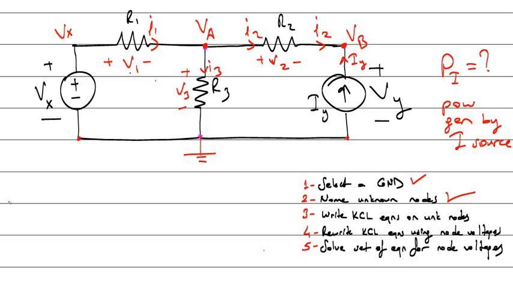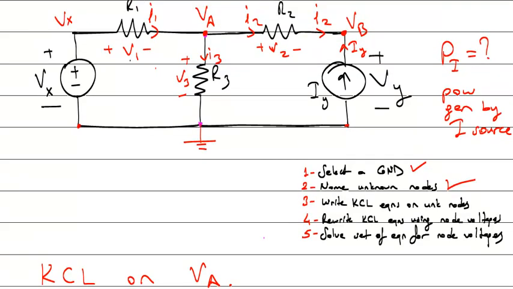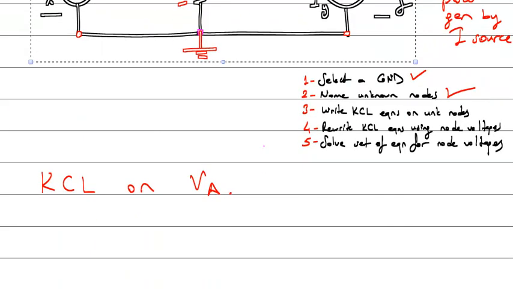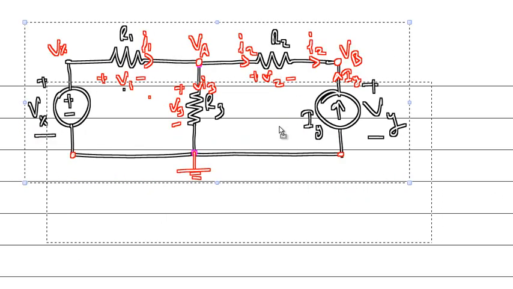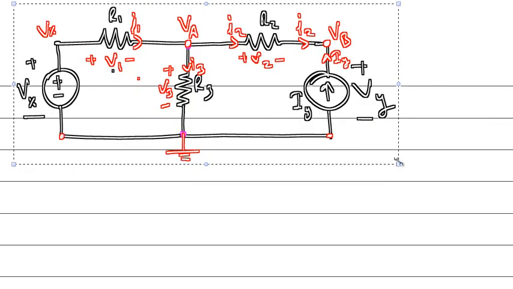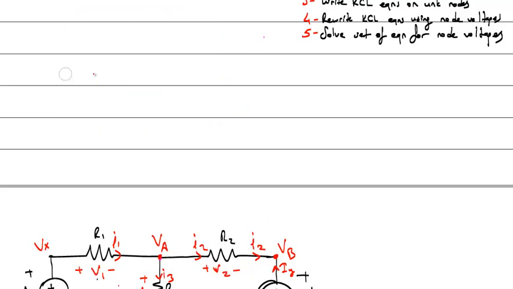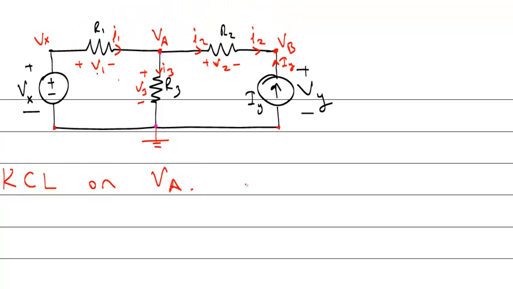So let's apply KCL on VA. Let me copy my circuit and look at it while writing the KCL. Okay, which currents are entering VA?